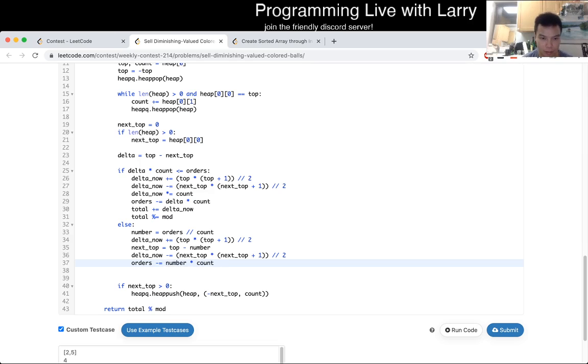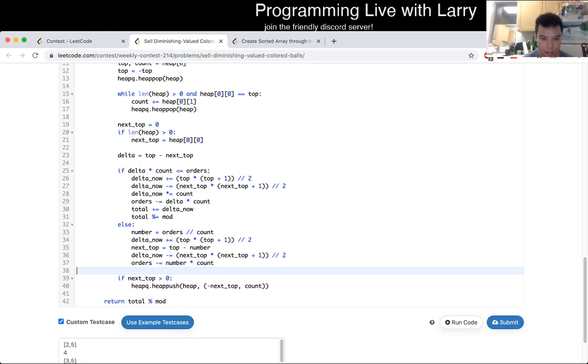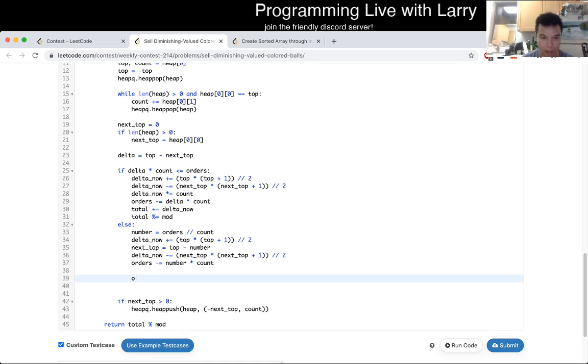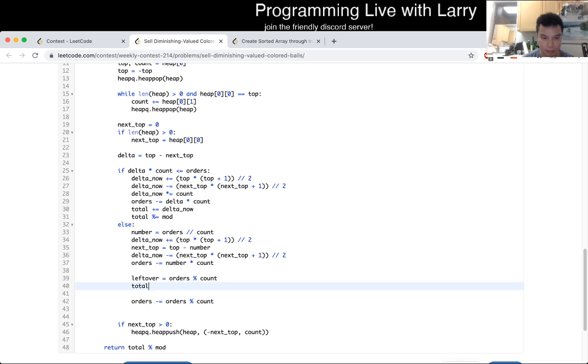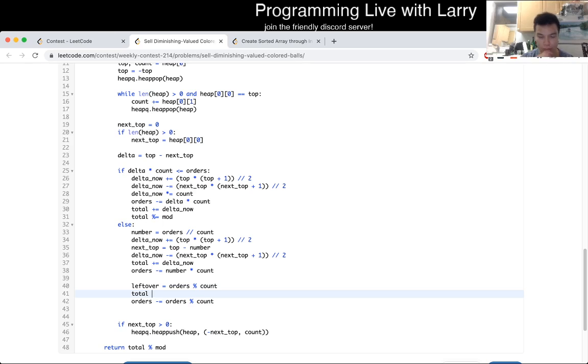But then now there's an orders mod count. So it's just leftover times next top.